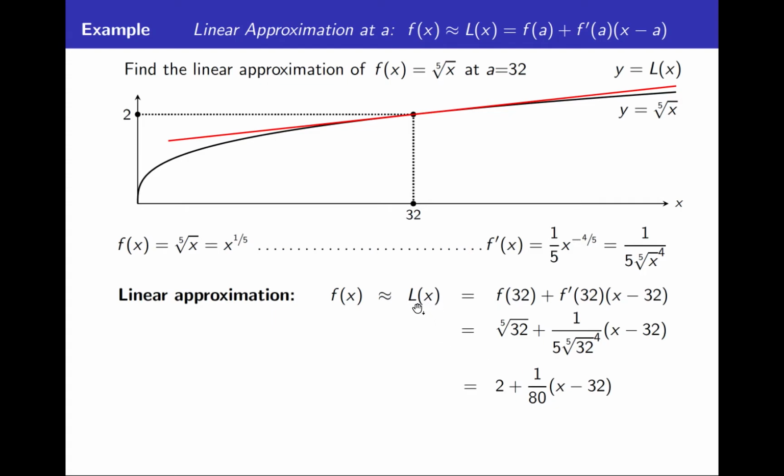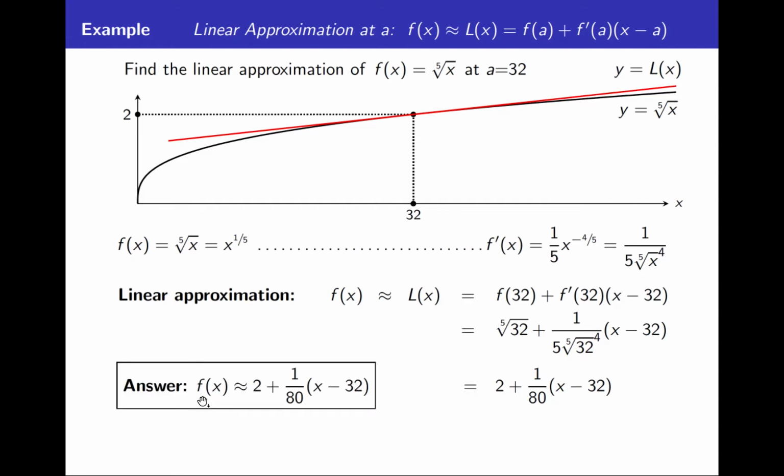We've got our linear approximation, L of x, is the simple linear function 2 plus 1 over 80 times x minus 32. So f of x is approximately equal to this simple linear function for values of x that are close to 32.